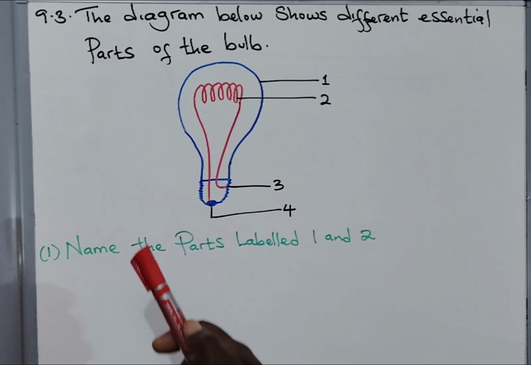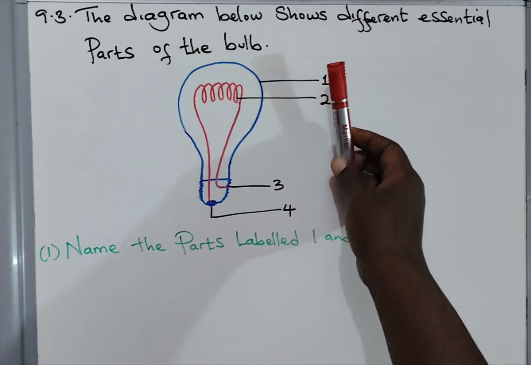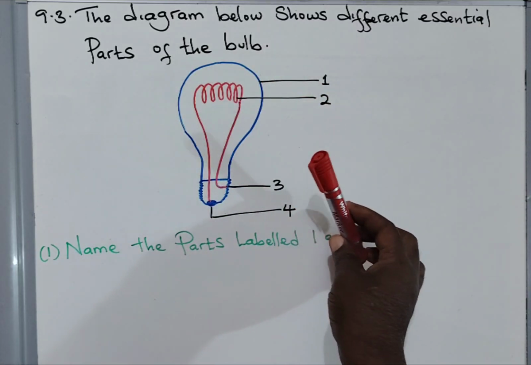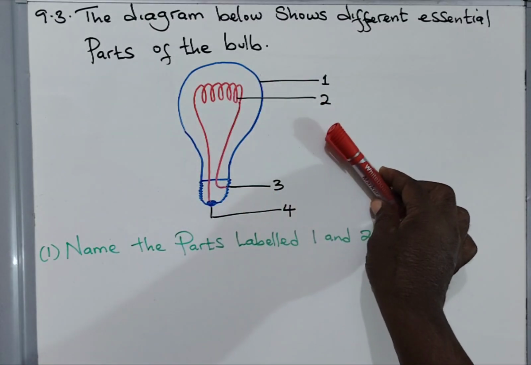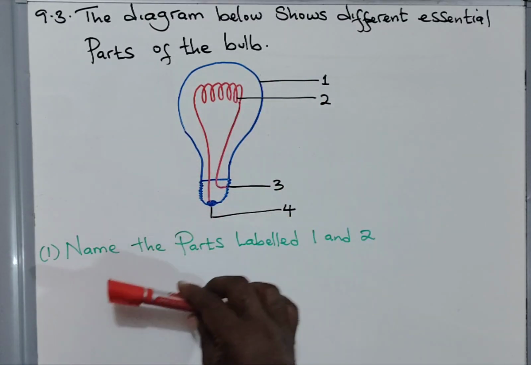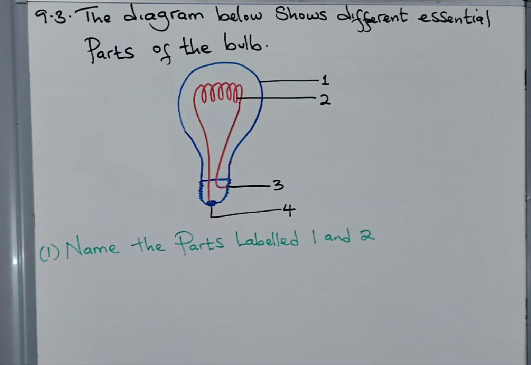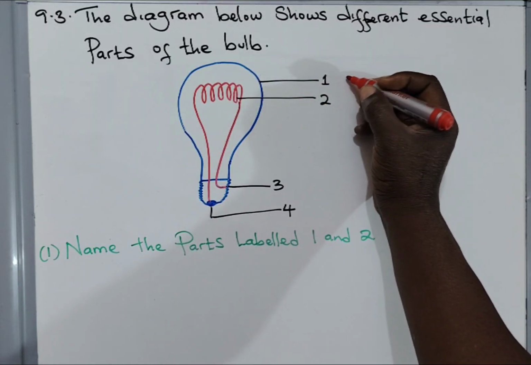So we come to this one. It says that the diagram below shows different essential parts of the bulb. And this is what we have: an incandescent bulb. The question says, name the parts labeled 1 and 2. What is 1? 1 is the glass bulb.